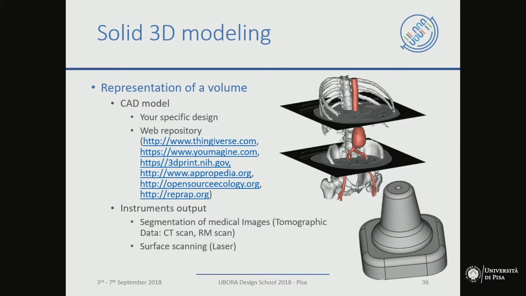You can get it from the web, you can design it, you can get it from an instrument that will allow you to obtain the external shape of your object, or if you have tomographic data starting from CT scan or MRI scan, you can have a segmentation process that will describe the object that you want to print.